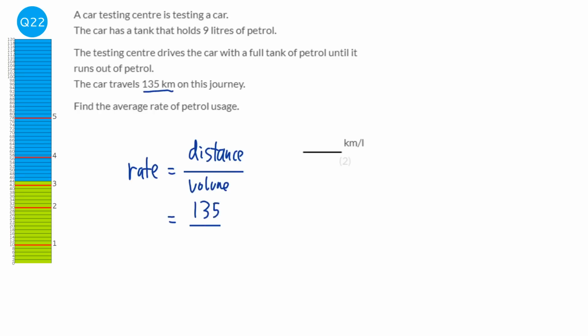The volume of the fuel used was 9 litres. We do 135 divided by 9, which is 15. So it's 15, and this was in kilometres, and this was in litres. So it's going to be 15 kilometres per litre.